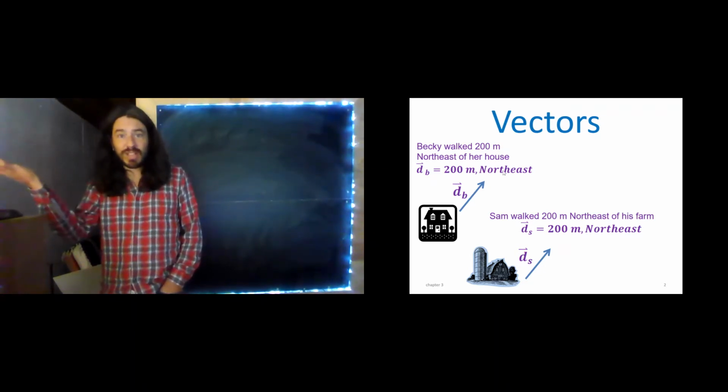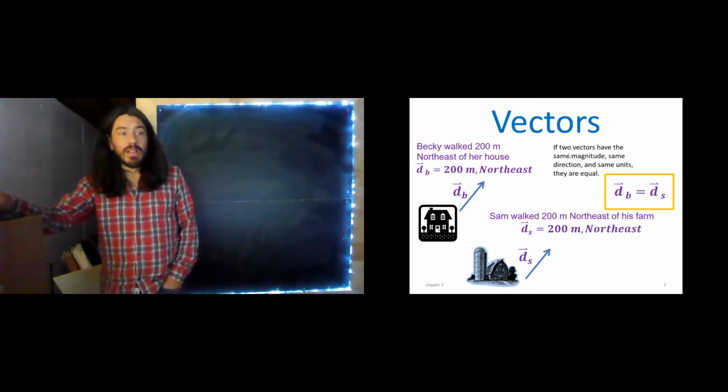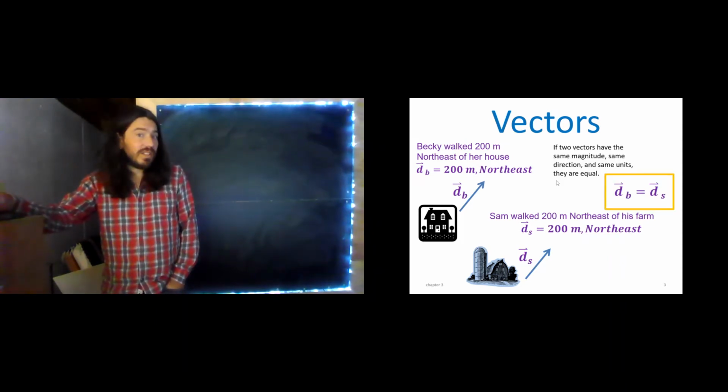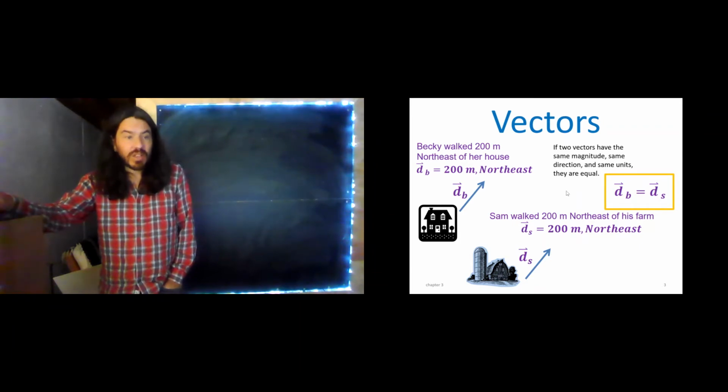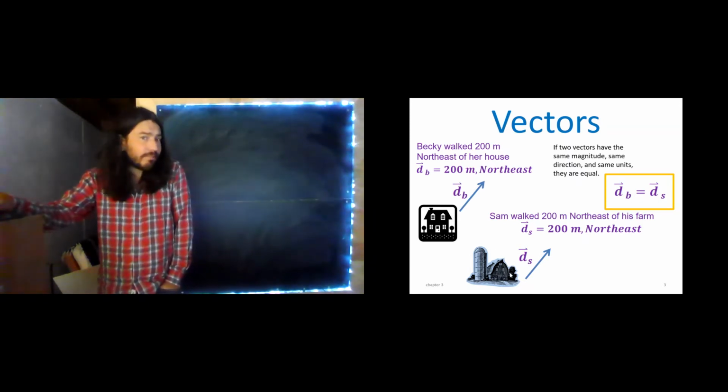Same magnitude, same direction. You know what? These are actually the same vectors. They have the same units, the same magnitude, the same direction. So we can say that the displacement of Becky is exactly the same as the displacement of Sam.